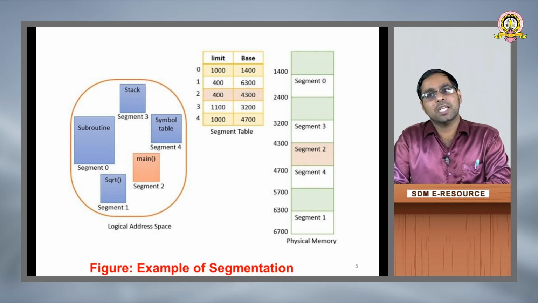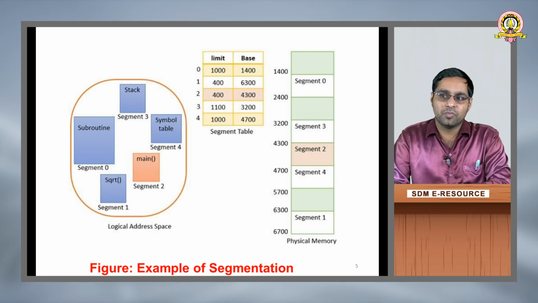Similarly, you can observe segment 1. Its base address is 6300, which means that segment 1 starts from main memory address 6300 and its limit is 400. So segment 1 extends from 6300 to 6700, and so on.